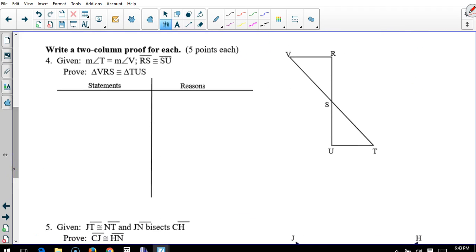Try to prove. Okay? So, we're given that T and B are the same. We know that these are the same. We'll have to prove that. Also, RS and SU are marked congruent.